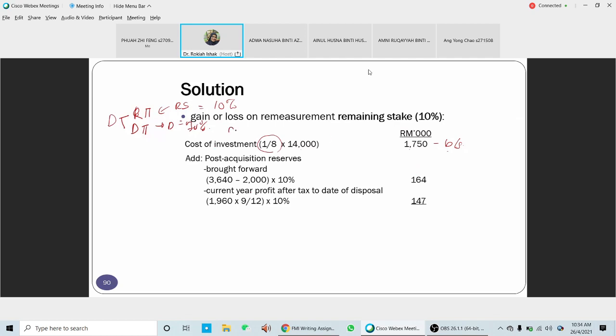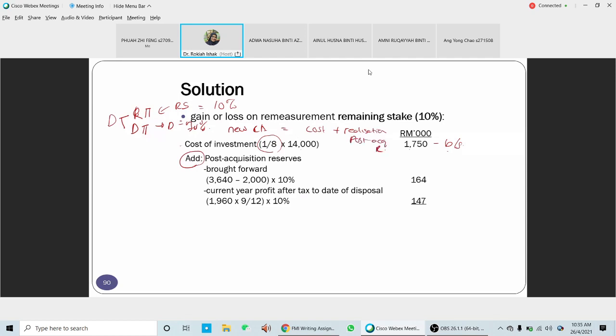The new CA is the cost at acquisition plus the post-acquisition reserve, realization of post-acquisition reserve.